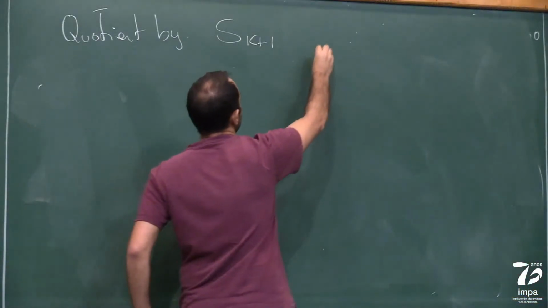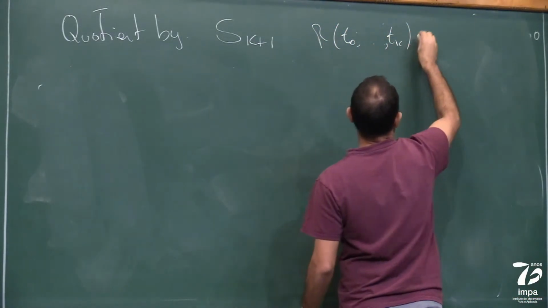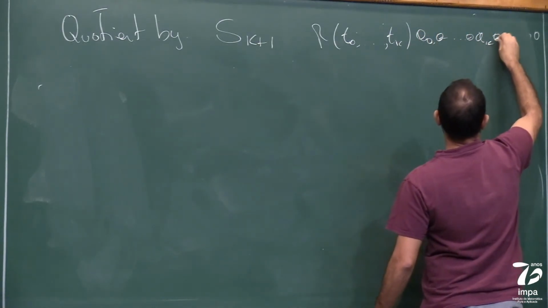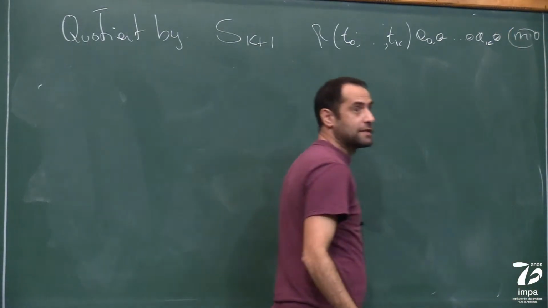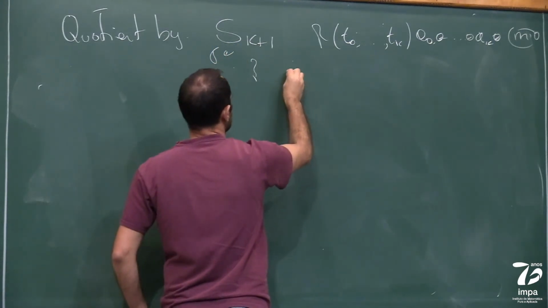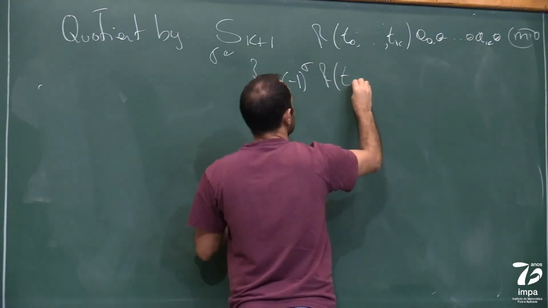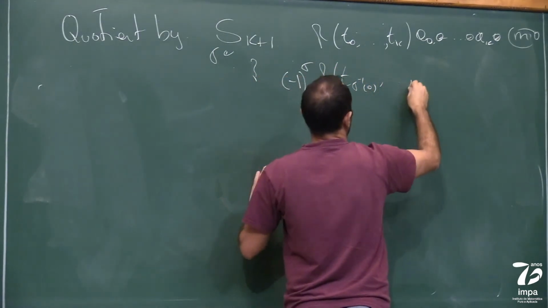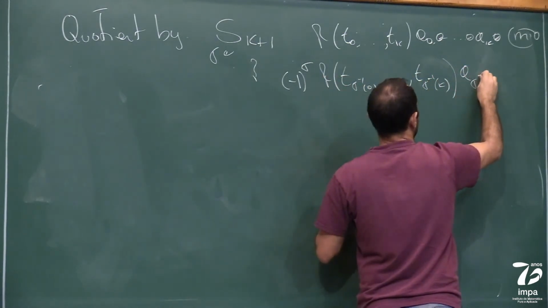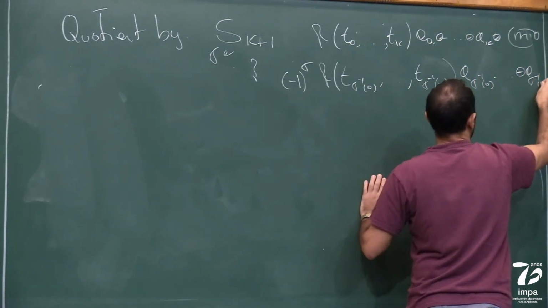Well, if you give me some f of t0, ..., tk, a0, ..., ak, and a bunch of modules, the modules are completely irrelevant for this action, and a sigma here, you send it to (-1)^sigma, the sign of that guy, times f of t of sigma inverse of 0, ..., t of sigma inverse of k, a sigma inverse of 0, ..., a sigma inverse of k. So that's the obvious action.